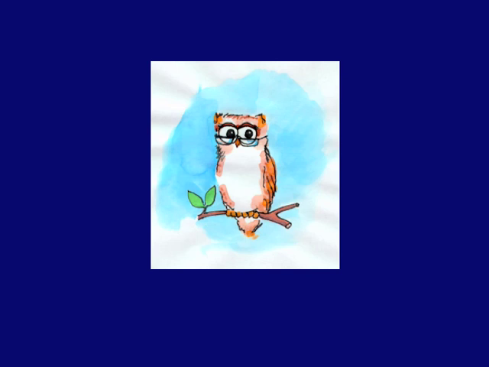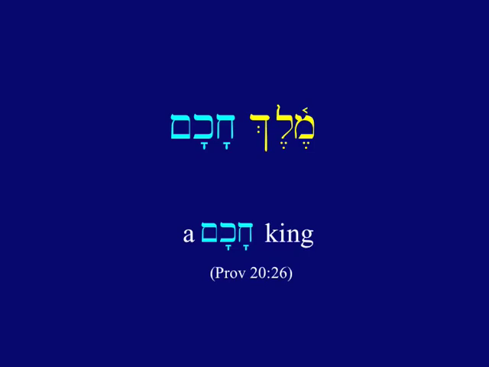This owl, according to legend, has a certain quality. We consider owls to be wise, just like these men. Wise, chacham, and we also have the noun wisdom, chokmah. So melech chacham, what kind of king?